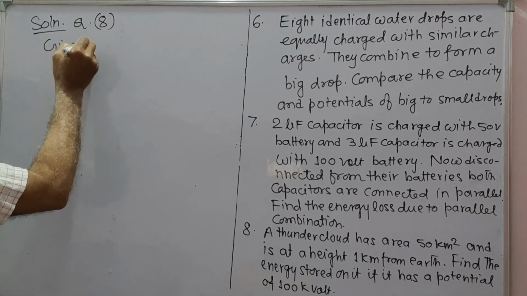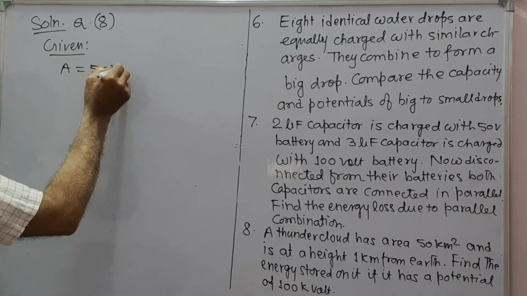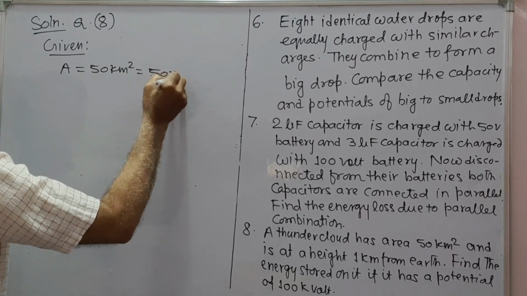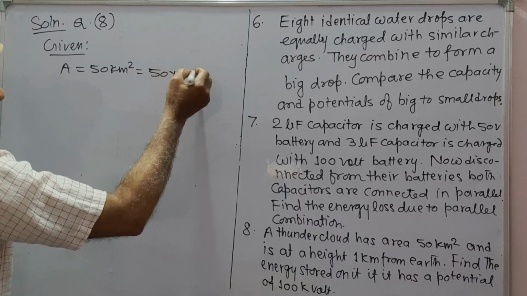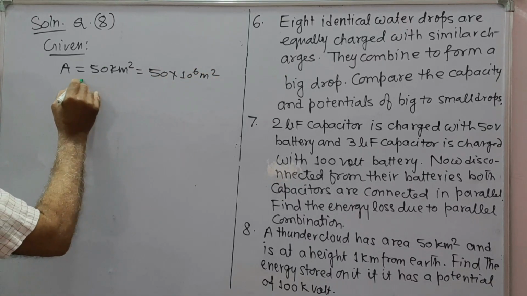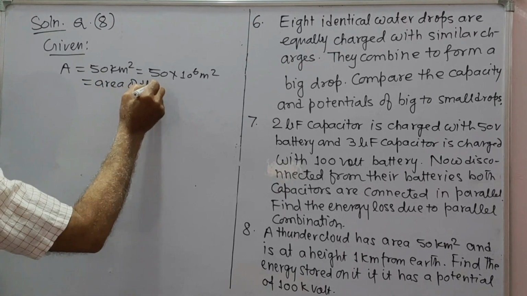Given: A is 50 kilometer square, which is the area of the thundercloud. 50 into 10 to power 3 square means 10 to power 6 meter square.